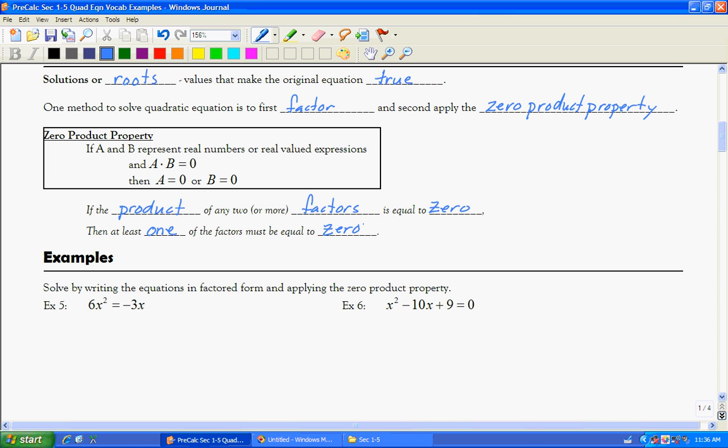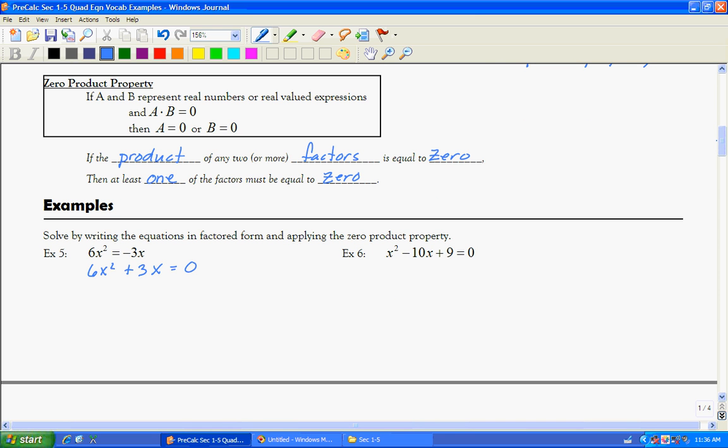So it says solve by writing the equations in factored form and apply the zero product property. Well, let's first get this example 5 in standard form. So we have 6x squared plus 3x is equal to 0. And we can see that we can factor out a 3x from both of those terms.